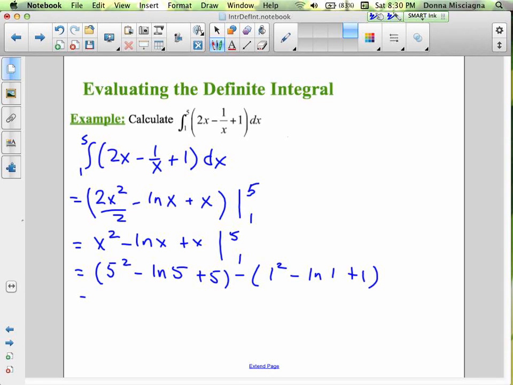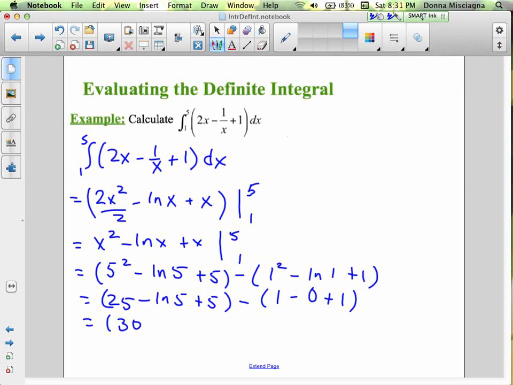So that is 25 minus natural log of 5 plus 5. Can't do much with the natural log of 5 there. And then minus, this would be 1. Natural log of 1 is 0. What do you have to raise e to get 1? 0. Plus 1. So that's going to be 30.